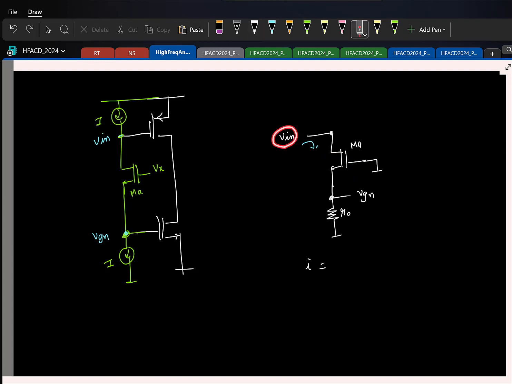If I apply voltage V in, by the, let us say gmA R0A times V in, that current is flowing here. So what is VGN? So this current times R0 gives that voltage, so that's going to be R0 by this guy.